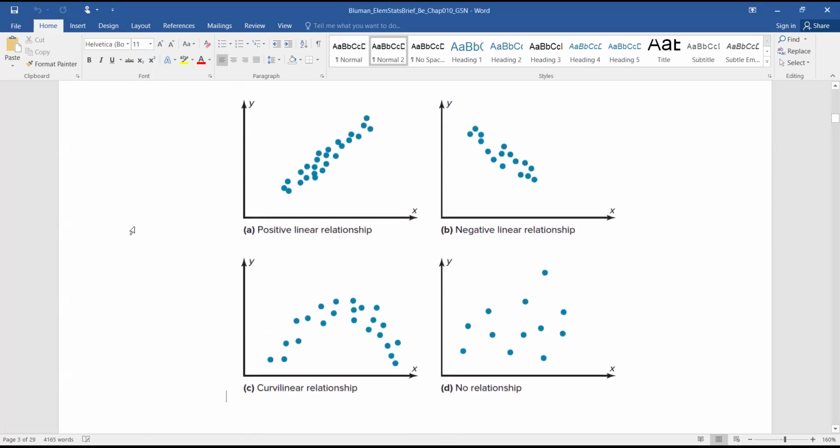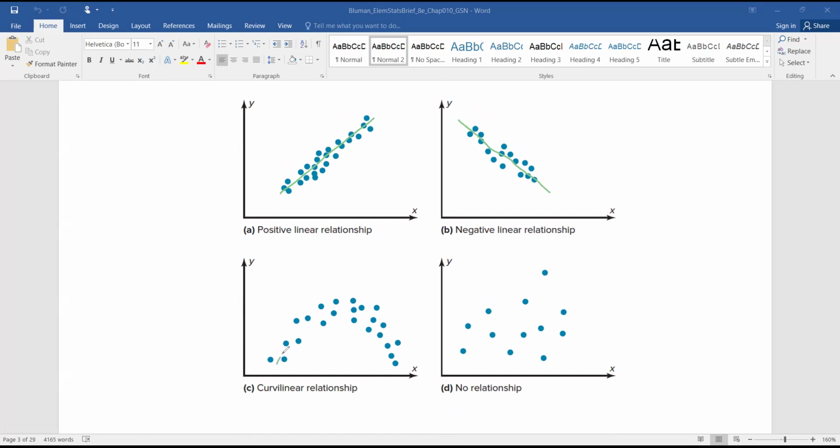Graphically, here you can see that if I have some scatter points and I go from left to right, I have a positive slope of a linear line. So this would be a positive linear relationship. If I drew a line of these scatter points, I would have a negative slope. So this would be a negative linear relationship.